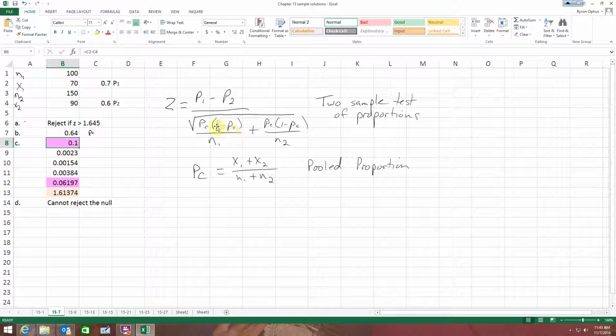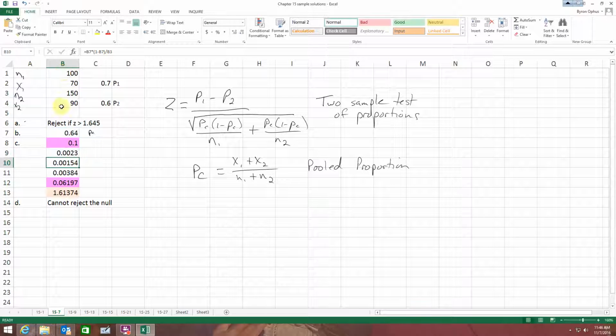Okay, and then I do the math here, which is just the PC, or my pooled proportion, times 1 minus my PC, divided by n1. I think I got these divided into two separate ones, right? So it's simply equal to, I'll just do one of these, so PC, my pooled proportion, times parentheses 1 minus my pooled proportion, parentheses, divided by my n1 in this case, which is 100.